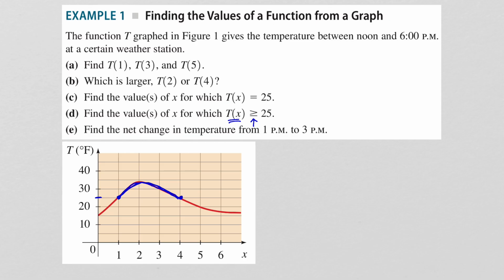Now, when does that happen? On the x-axis, this happens for all of the x values between 1 and 4. So I can simply say this happens when x is between 1 and 4. Or if I choose to write this in interval notation, I can write it like this. Or I can use words and I can say this happens between 1 p.m. and 4 p.m.